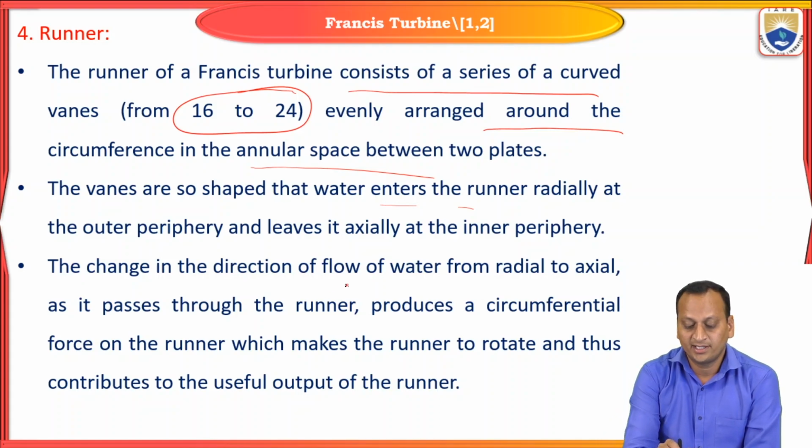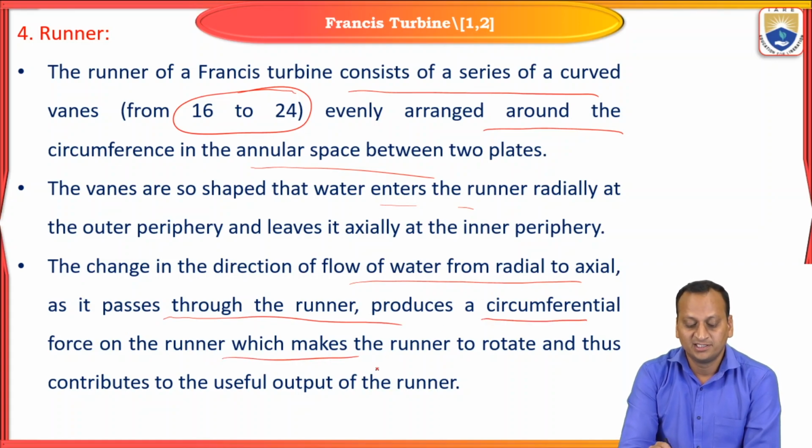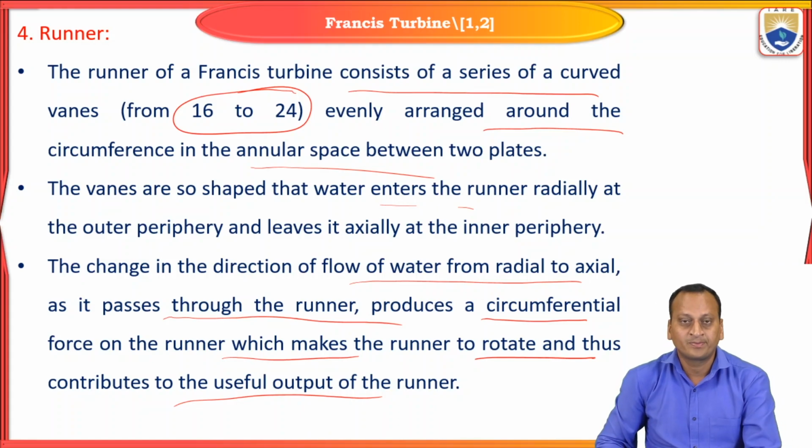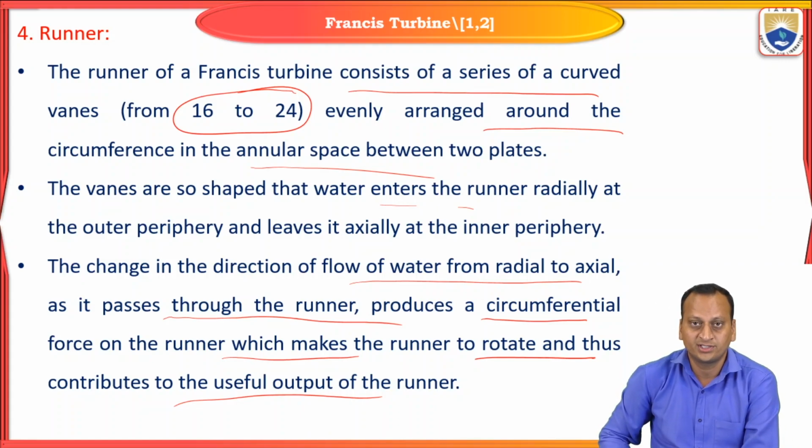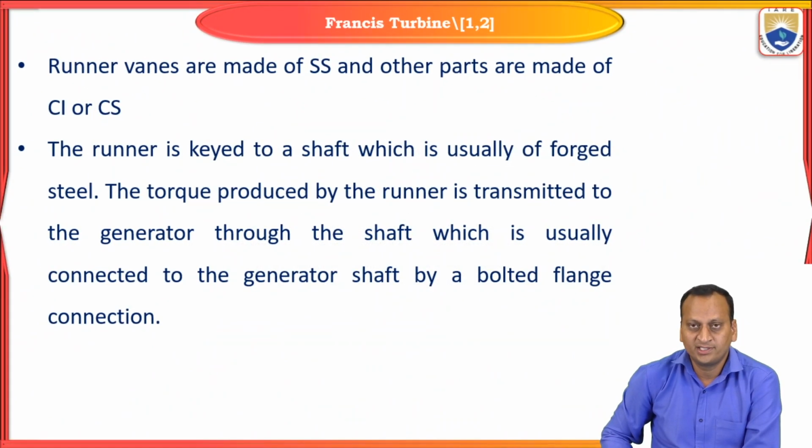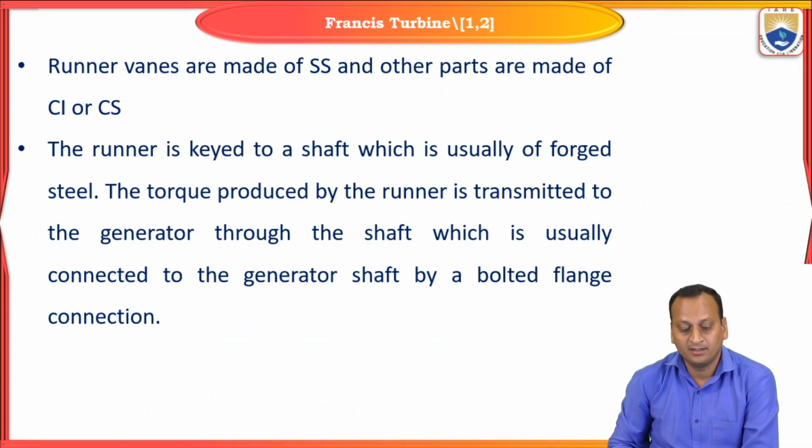The change in the direction of flow of water from radial to axial as it passes through the runner produces a circumferential force on the runner, which makes the runner rotate and thus contributes the useful output of the runner. So there will be a conversion in the water, and during conversion there will be a development of circumferential force on the blade.